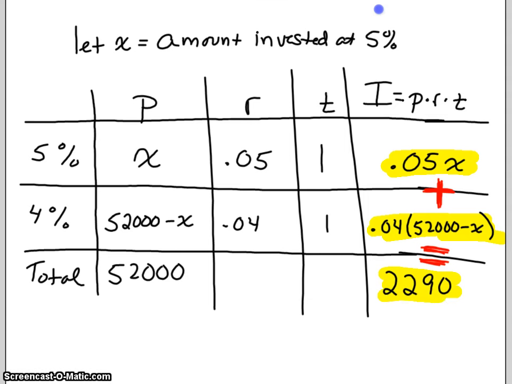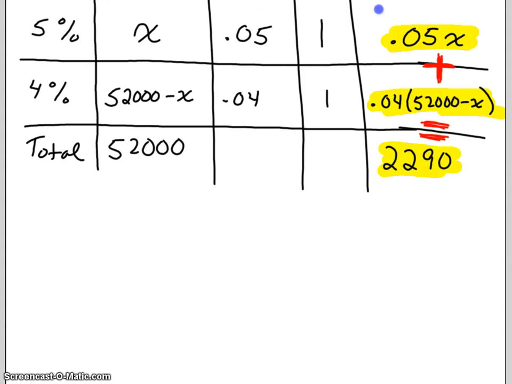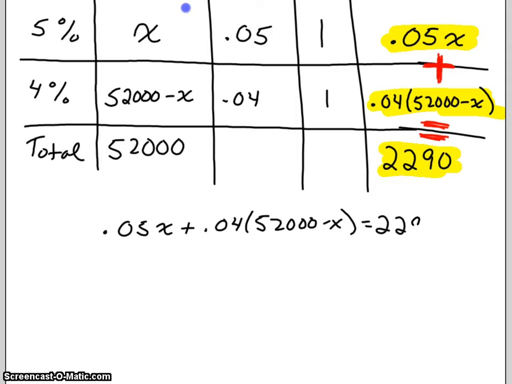So that's the equation right there. So let me write that down a little better for you to see it, and then we'll go ahead and solve this. So 0.05x plus 0.04 times 52,000 minus x equals 2,290. Now remember, the two parts right there are actually interests. So we have interest earned at 5% plus interest earned at 4% equals total interest.